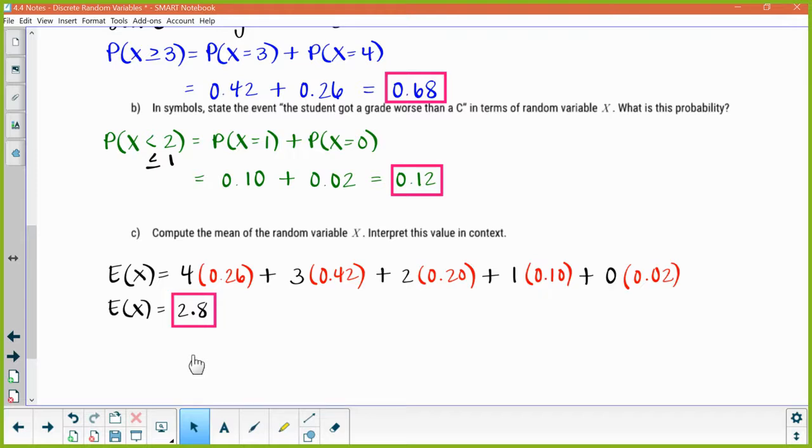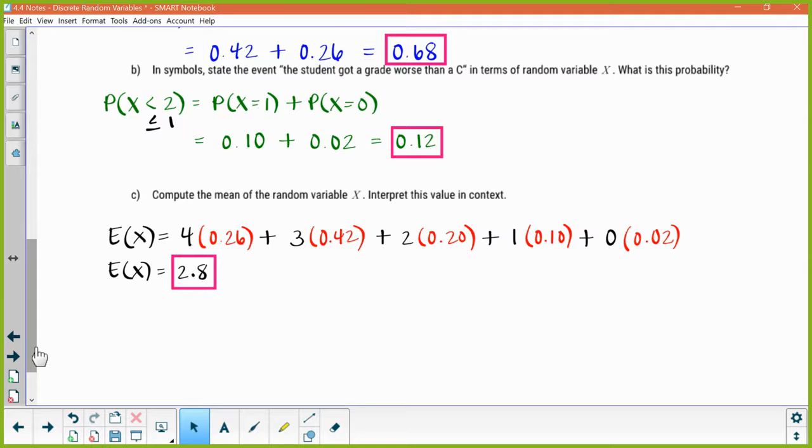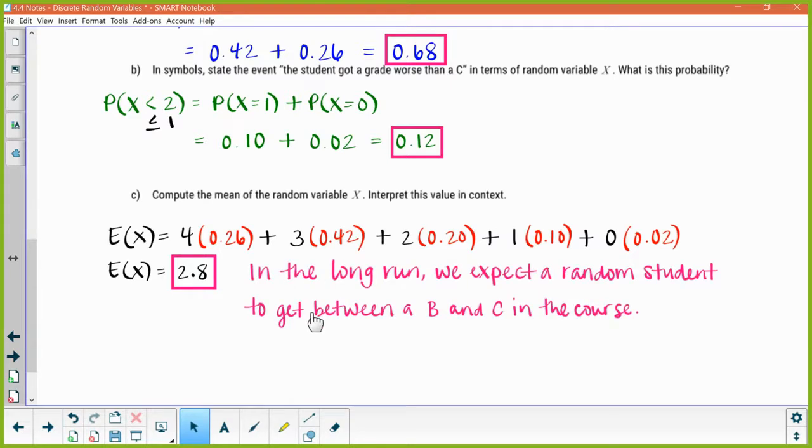So what this 2.8 means, what the mean expected value is telling us, is that if I were to do this many, many times, in the long run, we expect, and that's generally the language they want to see in your interpretation if you're asked to interpret an expected value, a random student to get between a B and a C in the course.